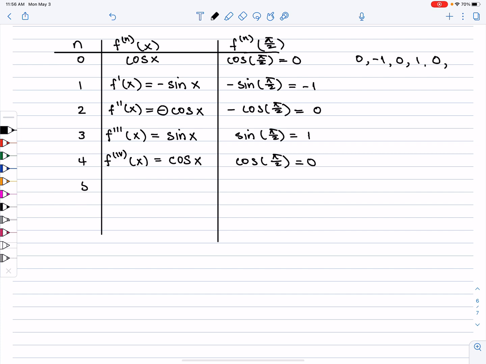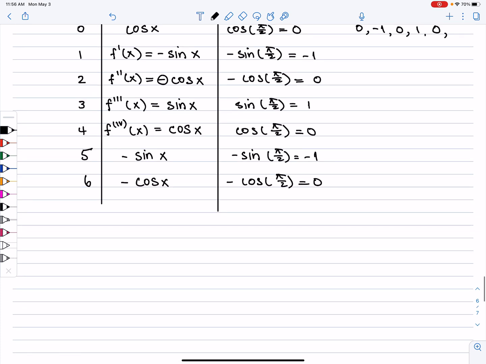So when n is equal to 5, the derivative of cosine is negative sine of x, and negative sine of pi over 2 is equal to negative 1. When n is equal to 6, the sixth derivative is going to be negative cosine of x, and negative cosine of pi over 2 is 0.